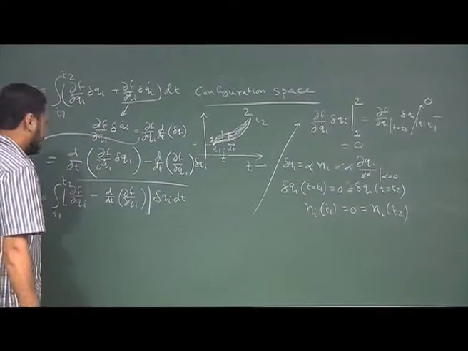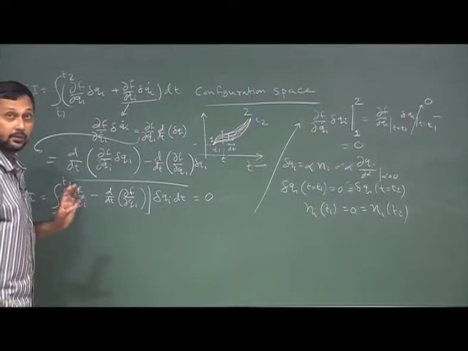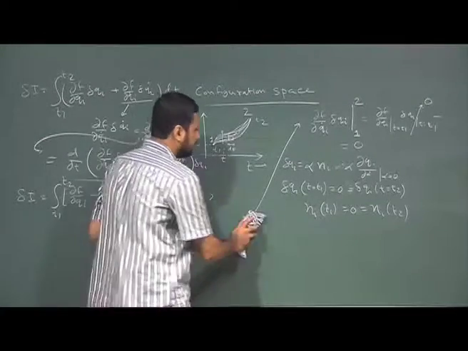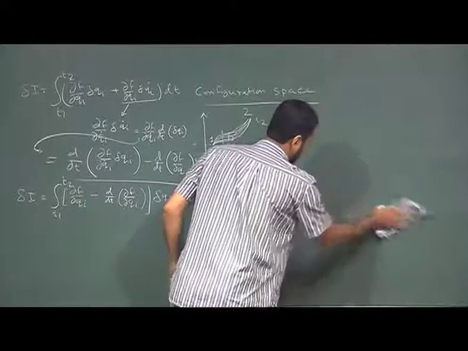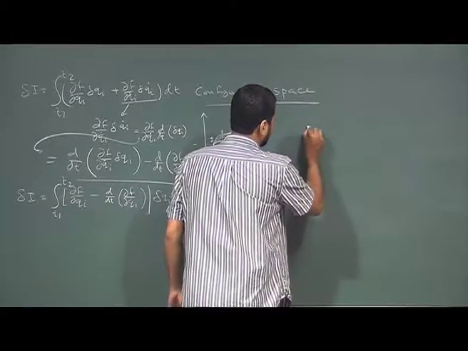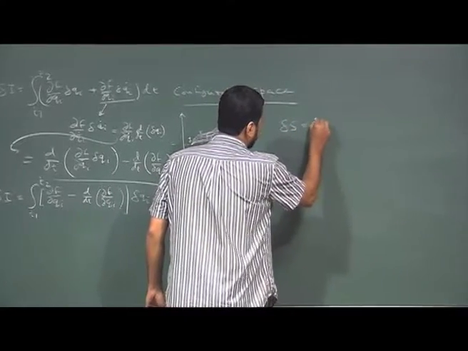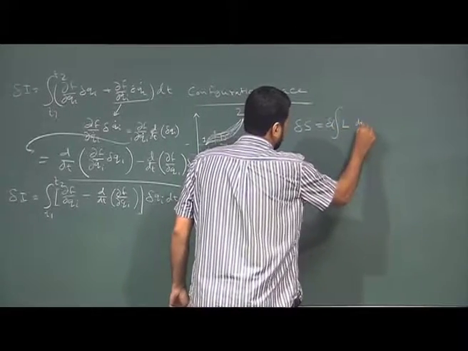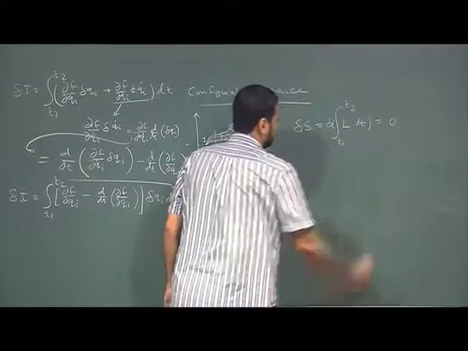Now, delta I is equal to 0, as we see in the variational principle. What is the variational principle? Once again, the variational principle for a mechanical system, and it turns out to be true for any other system, is that delta S, which is delta of the integral of L dt between fixed points t1 and t2, has to be equal to 0.